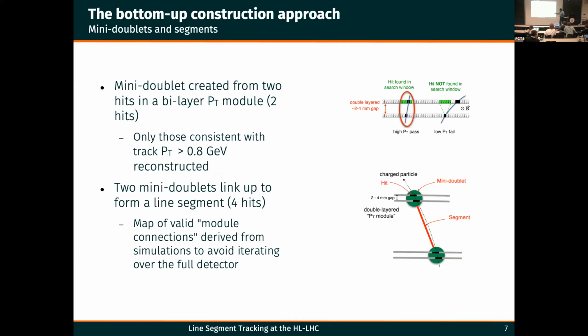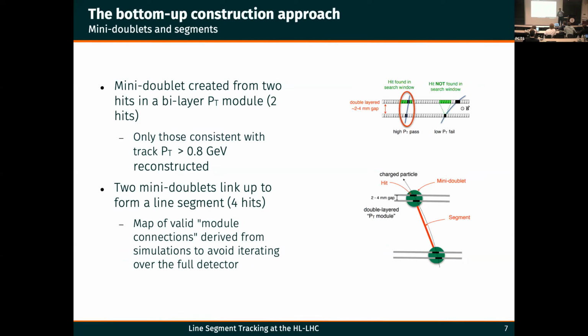Now let's get into the objects that we are going to deal with. We call these objects mini doublets. They are created from two hits in a bilayer pT module, and we only reconstruct those consistent with track pT greater than 0.8 GeV. Then two mini doublets will link up to form what we call a line segment.